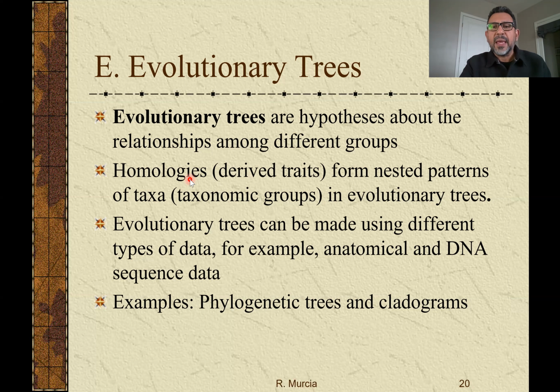Evolutionary trees are going to be built looking for these homologies at the levels of molecular biology, differences or similarities in terms of DNA, proteins, also anatomical data. Anatomical can be gross morphology, meaning large characteristics, but also small characteristics that can only be detected through meticulous, careful, detailed examination of organisms.